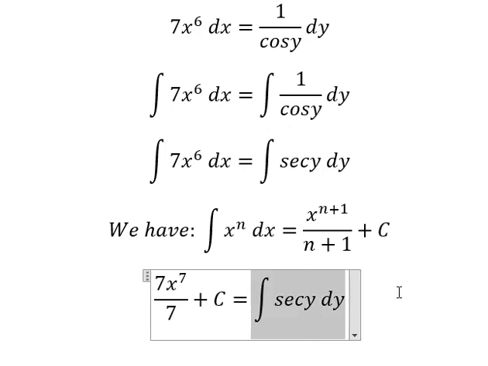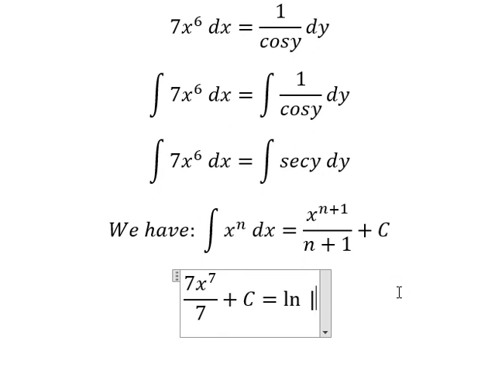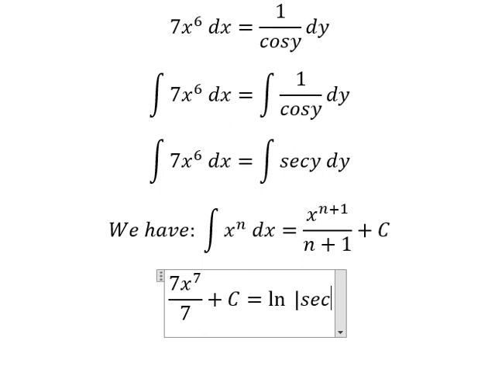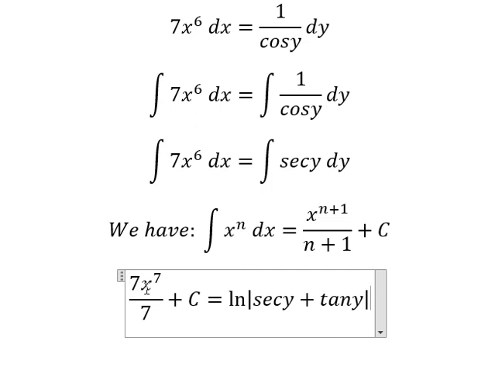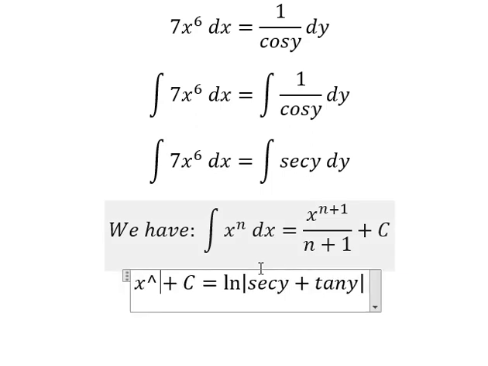This one we have ln of the absolute value of secant of y plus tan y. And this one we have x to the power of 7.